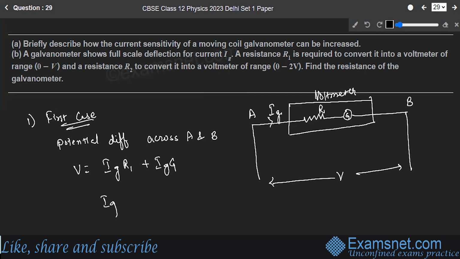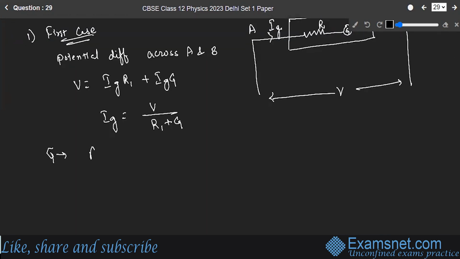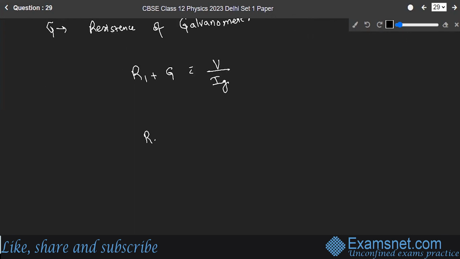So IG is equal to V upon R1 plus G. So R1 plus G is equal to V upon IG, or R1 is equal to V upon IG minus G. G is equal to V upon IG minus R1. So this is the first case.